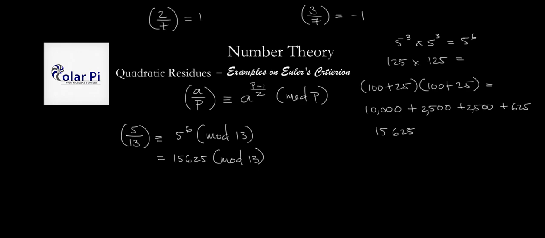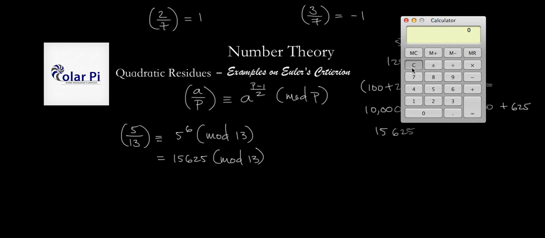As I did earlier, I'm going to use a calculator. The calculator says that 15,625 divided by 13 has a decimal part. If we again take the whole number part, which is 1201, and multiply the decimal part by 13, what do we get? We should get 12.